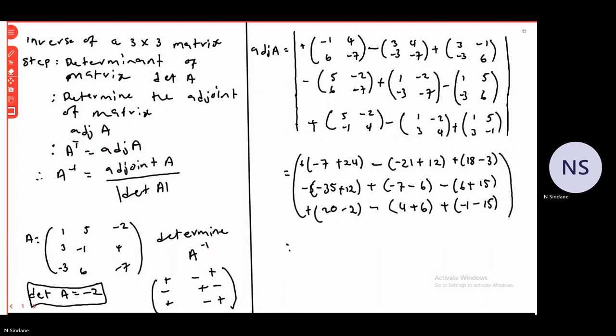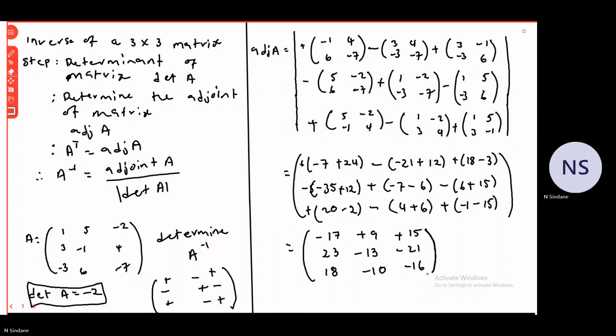Then let's see our solution. Our adjoint will be negative 17, plus 9, plus 15, plus 23, minus 13, minus 21, then 18, minus 10, minus 16.